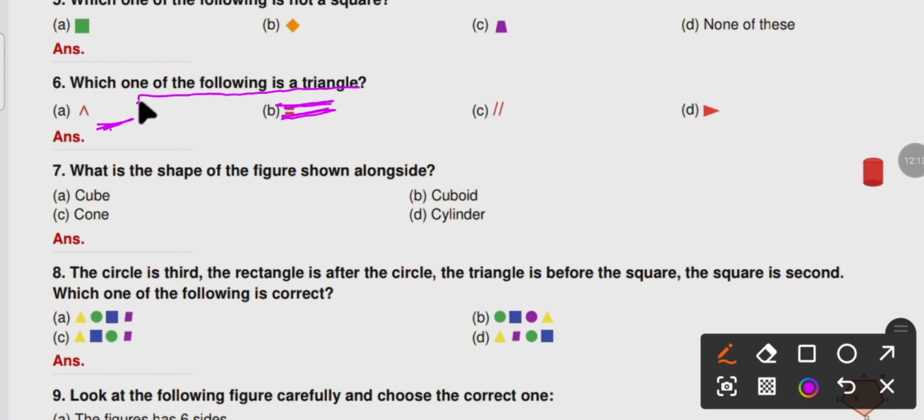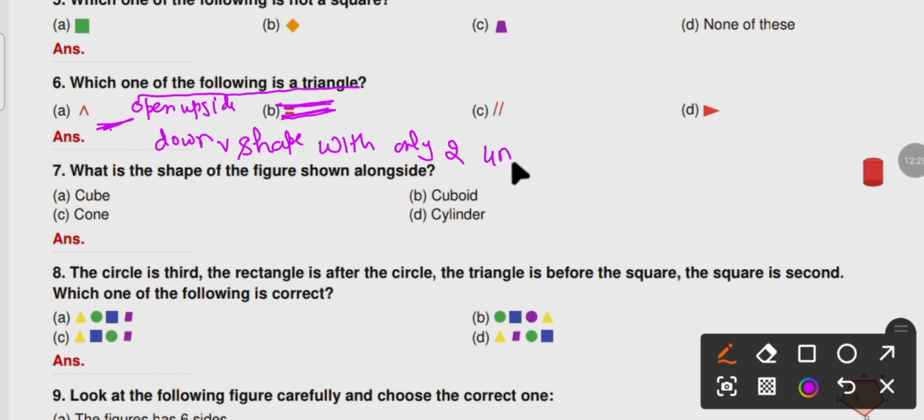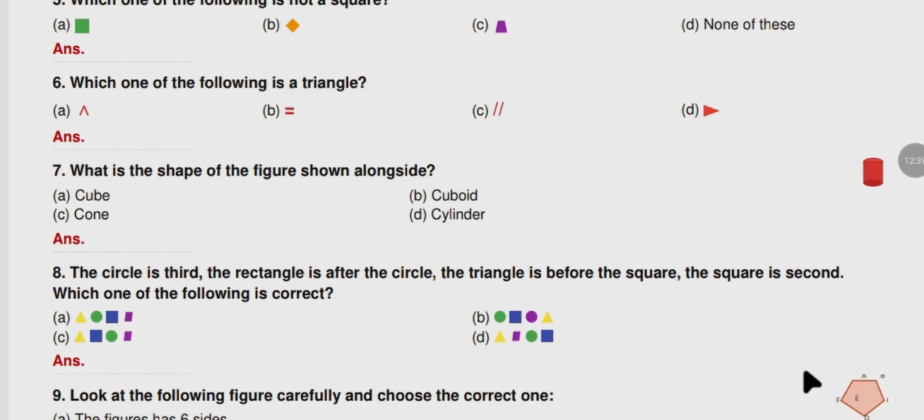We can say open upside down V shape with only two unclosed sides. Okay, so go through to B option.